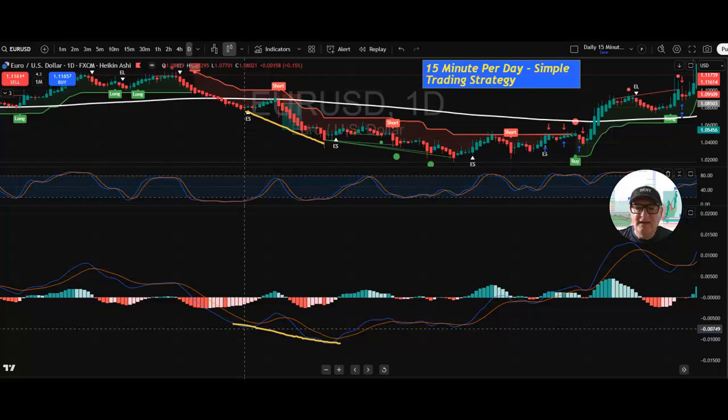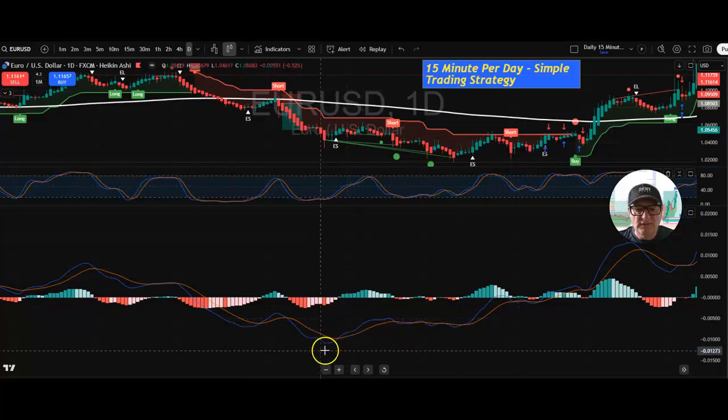Good so far? And so therefore we can expect the continuation of that pattern, okay, because of this. All right, so this next trade is still valid.